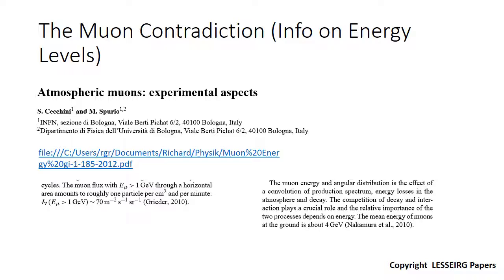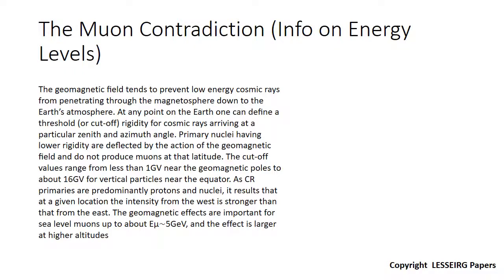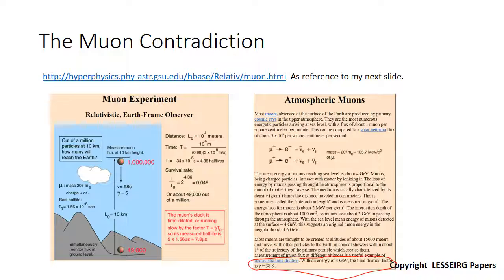The next point is that everyone more or less says, when you look at the energy of these muons at sea level, you're talking roughly around 4 giga-electronic volts. I'll leave the text here for everyone to look at, but fundamentally I've added here what it means and how to calculate this.